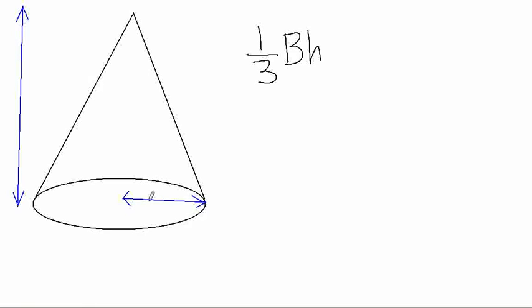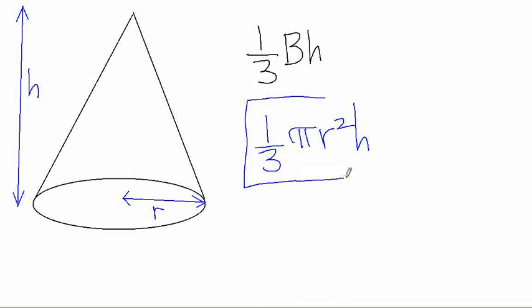So a radius r and a height h. So the area of the base, to find that, we will use the formula for the area of a circle, which is pi r squared. So the formula for the volume of a cone can be written as 1/3 pi r squared h, where r is the radius and h is the height of the cone. All right?